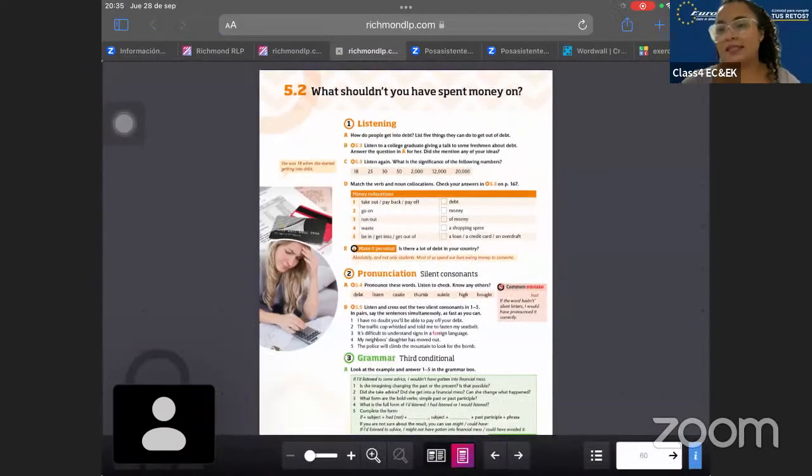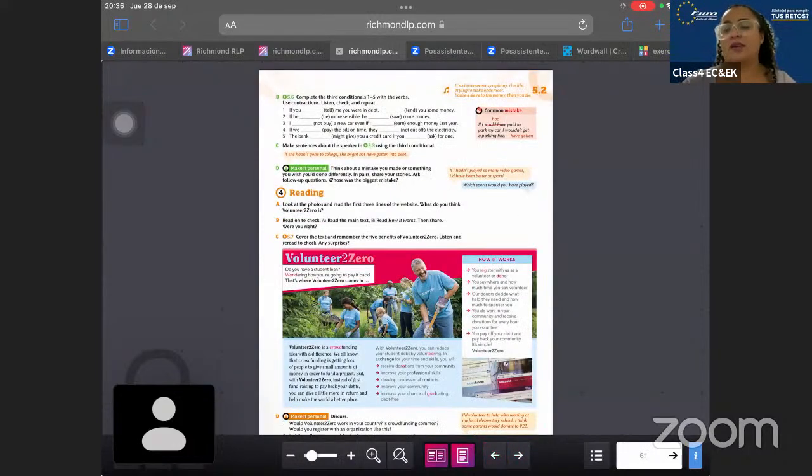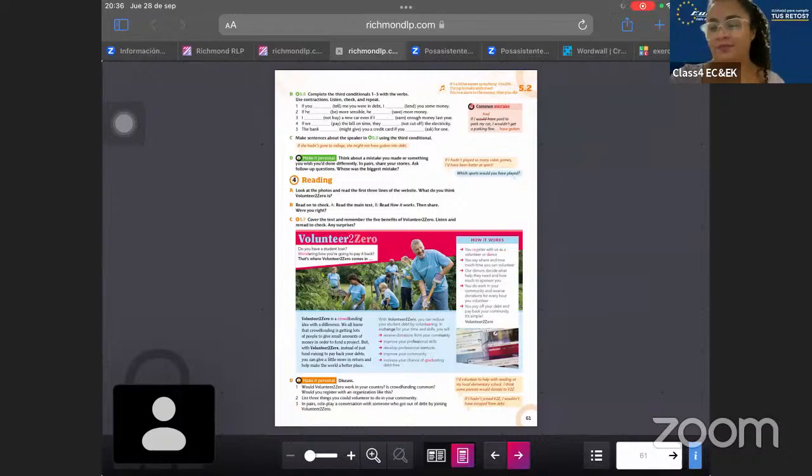Anyways, please, let's have some practice. Oops, what's going on? Okay, I'm supposed to see this in two parts. Well, anyways, page number 61 in here.